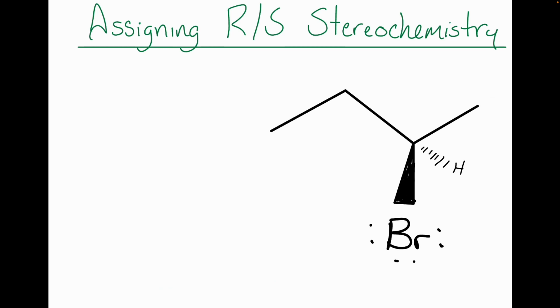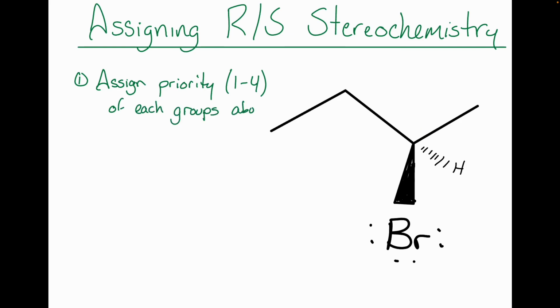All right, so assigning R or S chirality here. Step 1, we have to assign priority, numbering 1 through 4, of each of those groups about that chiral carbon. So step 1, assign priority.